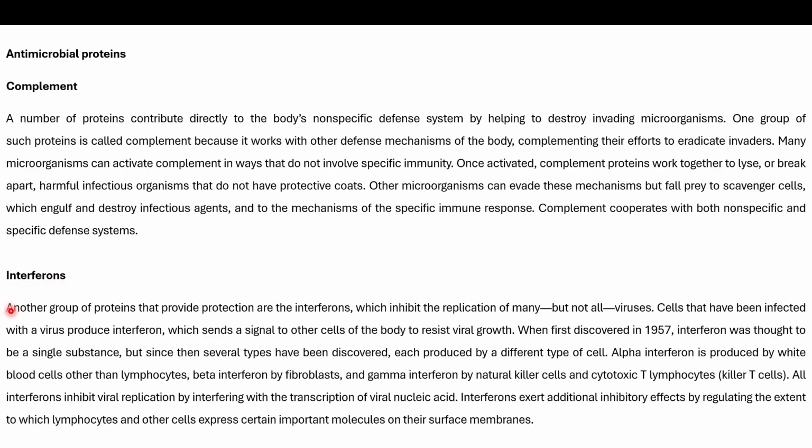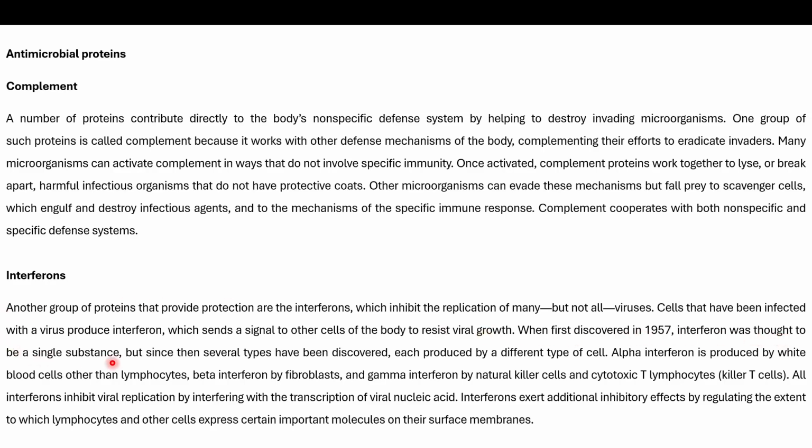Then there are interferons as well, which is another group of proteins that provide protection and inhibit the replication of many viruses. Cells that have been infected with a virus produce interferon, which sends a signal to other cells of the body to resist the viral growth. Interferon was first discovered in 1957 and at that time was thought to be a single substance.